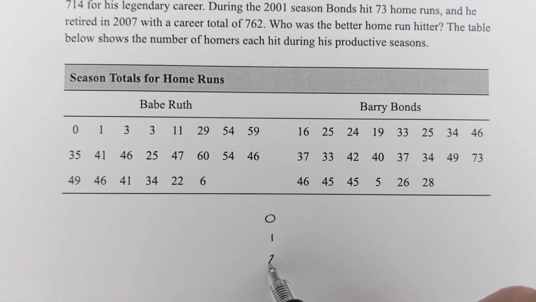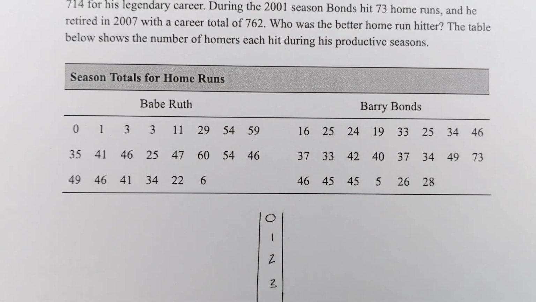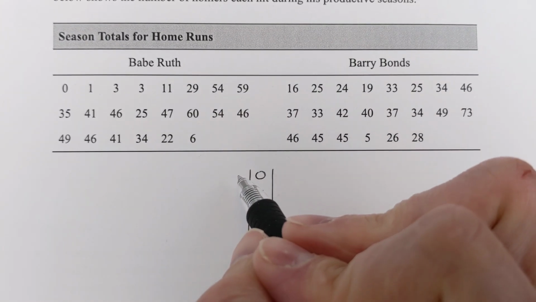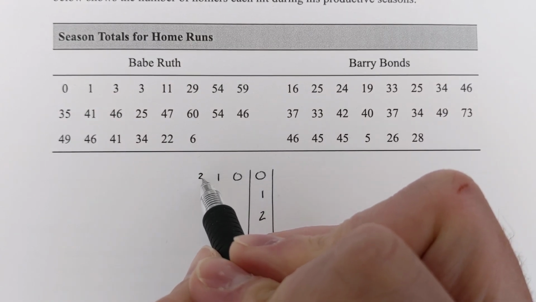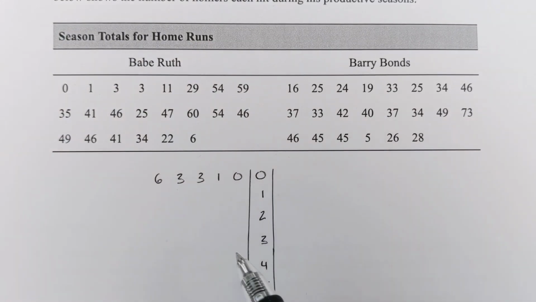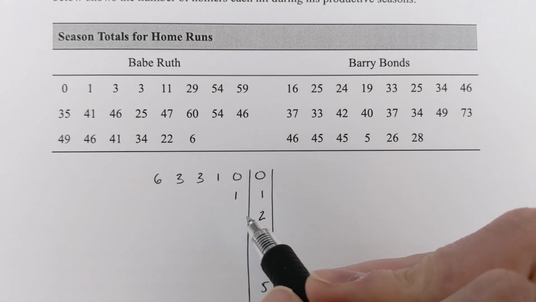So 0, 1, 2, 3, 4, 5, 6, 7. Our stems are going to be the tens place. So Babe Ruth has 0, 1, 3, 3, and 6. So those are all the ones less than 10. For the 10s, he had one season of 11.